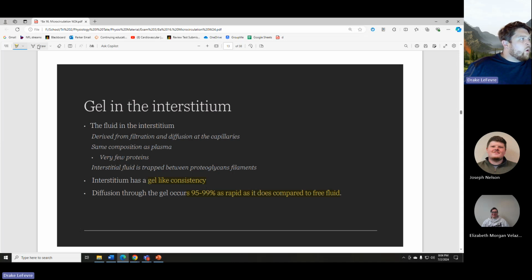If we think back to biochemistry in the very first lesson, we drew all of our cups with semi-permeable membranes, with water in it and a bunch of stuff mixed in. Essentially our capillary, which is a bunch of fluid, has a semi-permeable membrane, which goes into a bunch of other fluid, which is the interstitium, that gel type stuff.